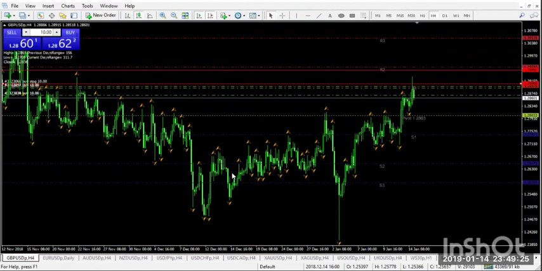If we open our order on the daily time frame, can we set it just under that pivot? Sorry, please repeat it for me.